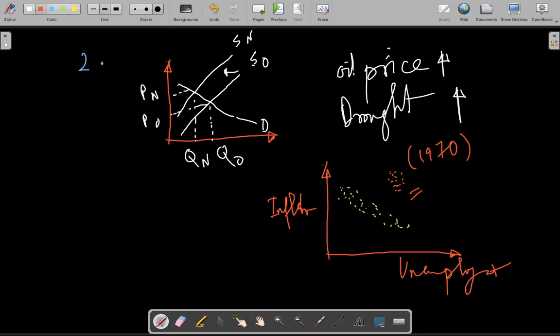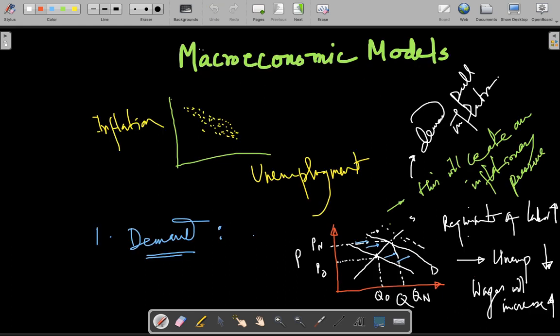So this is a totally different kind of scenario where things are happening which are not according to the Phillips curve, right? So we have to look into all these plausible explanations to understand what is happening.